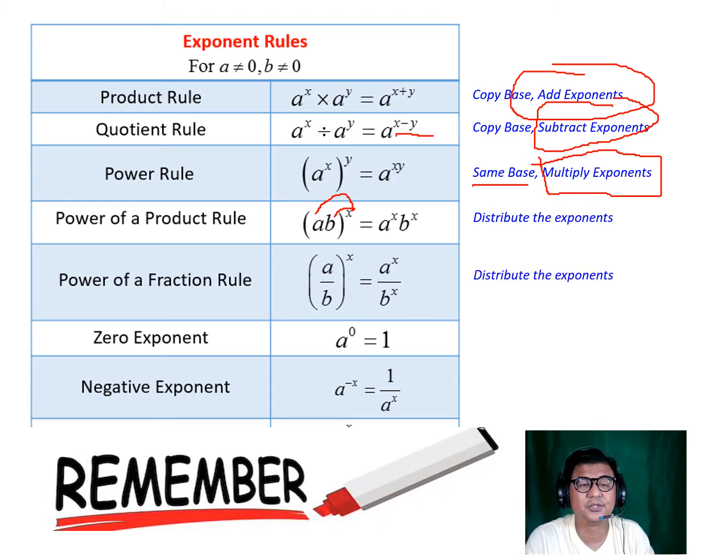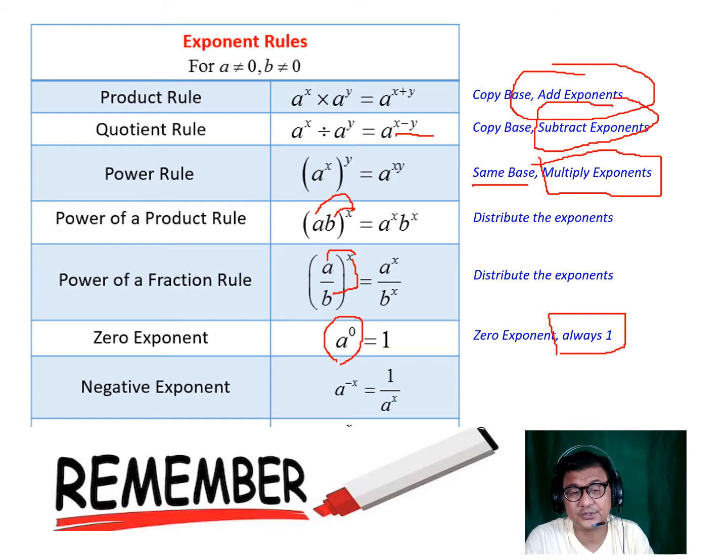Okay? So the power of a fraction rule also relates to distributing that x. X goes to the numerator and x also goes to the denominator. Now, the zero exponent: anything to the zero power, as long as a is not zero, is always equal to 1. Even 1 million to the zero power is always equal to 1.